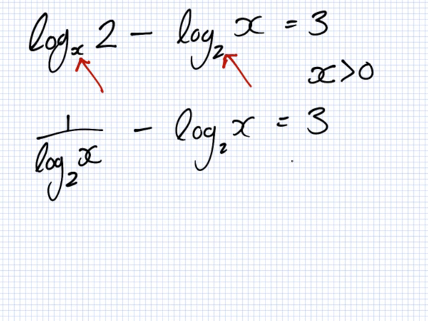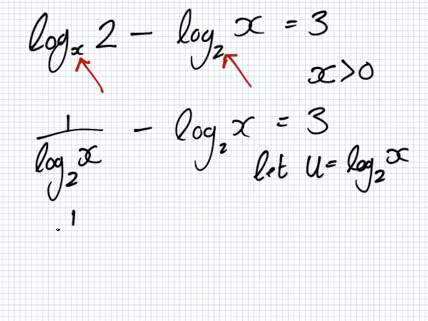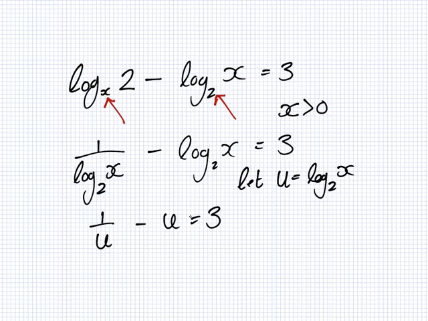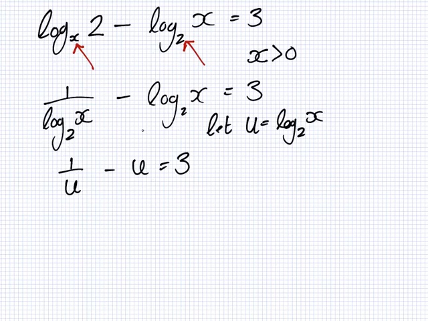This time I will use a substitution to make it extra clear. We'll say let u equal log 2x. So this will be 1 over u minus u equals 3. Okay, what do I do now to continue?